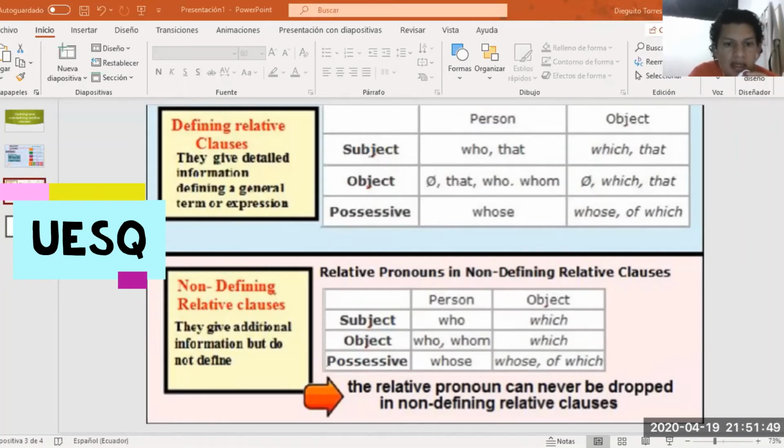Okay. In the other case, defining relative clauses, as the name suggests, define the noun, so we give essential information to define or identify a person or a thing that we are talking about.